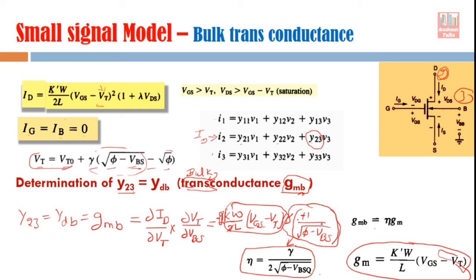You will get this GMB, that is actually the product of your Gm, this whole is your Gm, and this is your eta. So eta into Gm. That is the third constant parameter, or you can say the bulk transconductance parameter, that is given by this equation. So that way one by one we have solved this constant, and this constant.